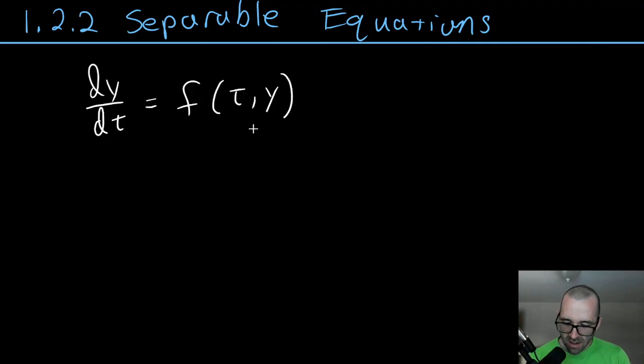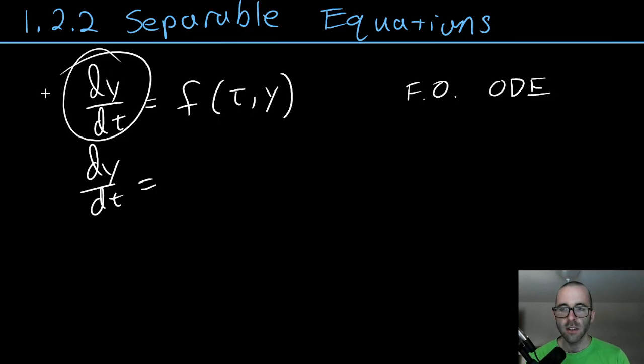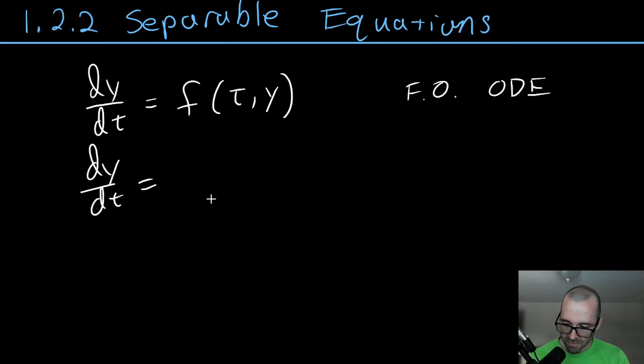Okay, but specifically we're going to talk about a separable differential equation. So again, this is just a general first order ODE. First order, again, referring to the fact that this is the first derivative. So a separable equation is of the form g of t times h of y.